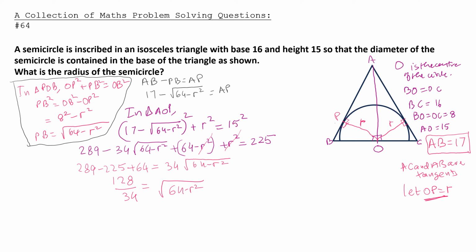So I have to write 128 times 128 divided by 34 times 34 equals 64 minus r square.